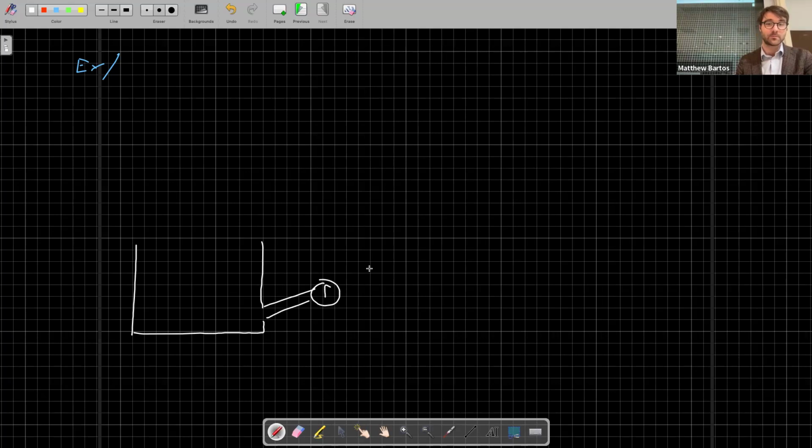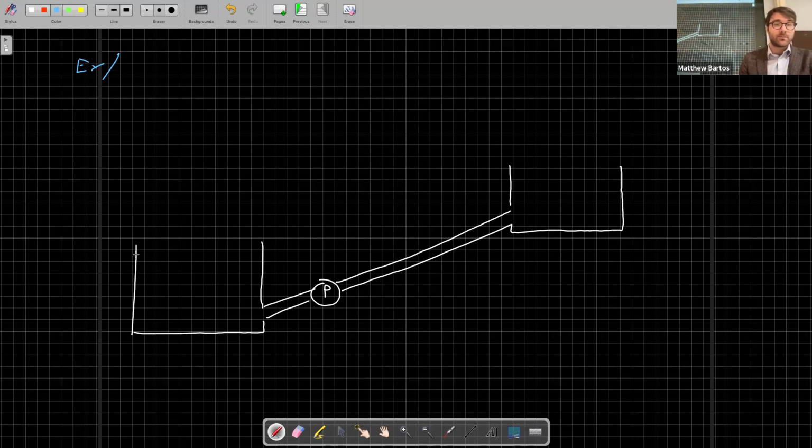You have a pump in that pipeline. The elevation difference between the two reservoirs is 10 meters. So if you take this distance here, this here is 10 meters.